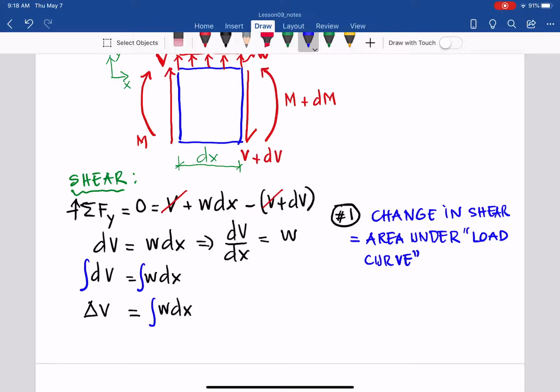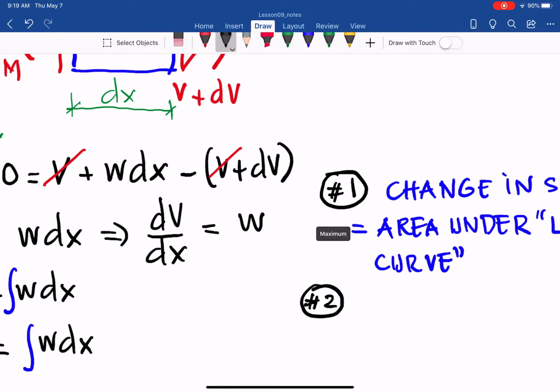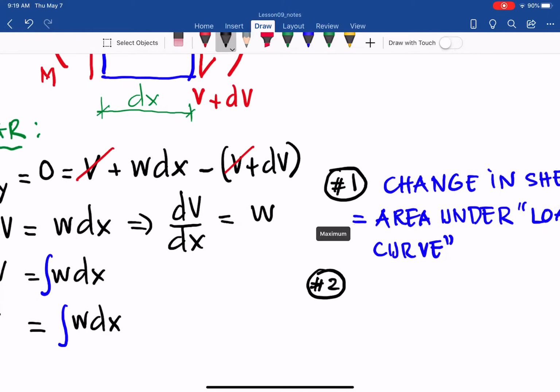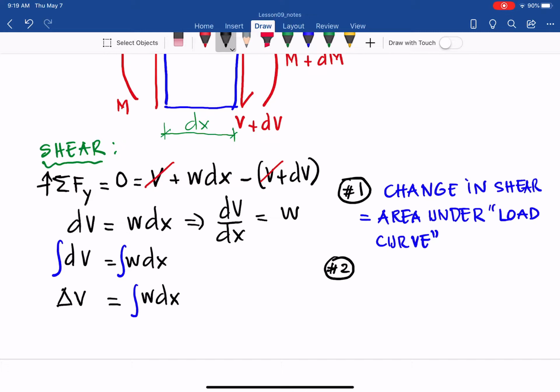The second note that I just mentioned briefly earlier, and I want you to realize here, is that we have dV over dx equal to w. Basically, that is the slope of the shear diagram, remember, dy over dx, right?